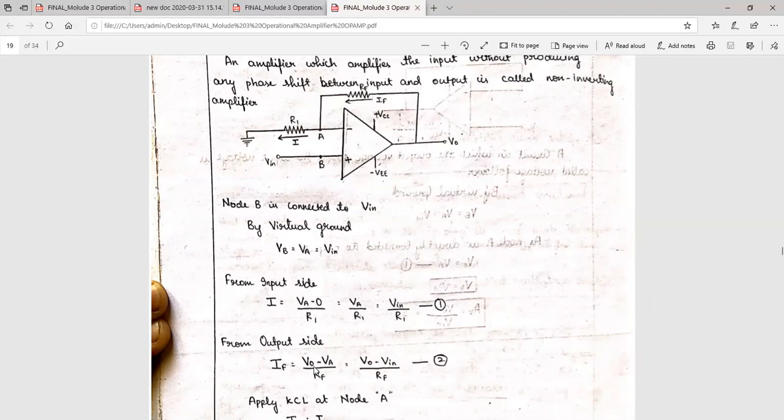So V0 minus VA by RF, which is equivalent to V0 minus V in by RF. Now, when I apply KCL at node A, current entering the node is equal to current leaving the node. So IF is entering and I is leaving. So IF is equivalent to I.